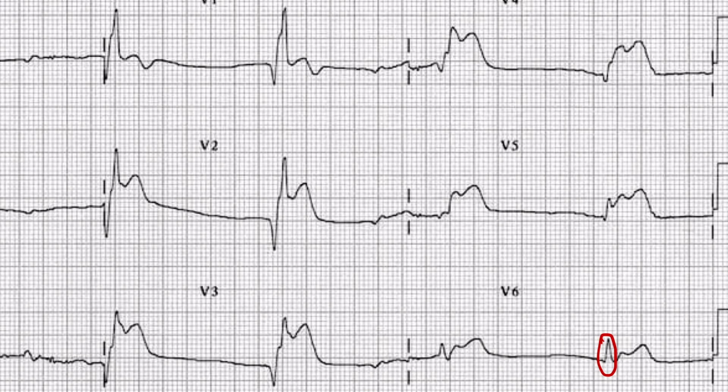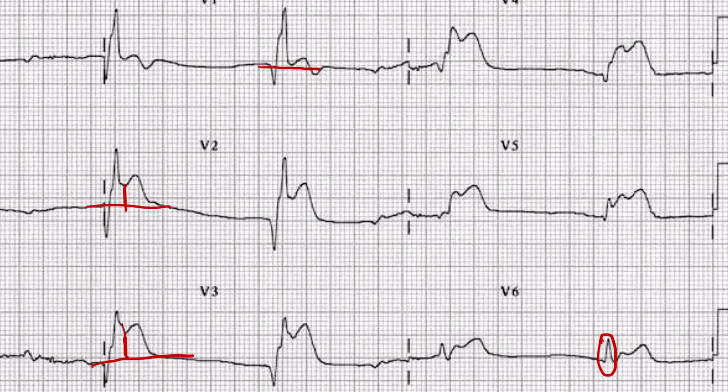So if you look here, off of the end of the QRS complex at the J point, we have this elevation here. We also have elevation here. We have slight elevation here as well. And then across some of these other leads too. We also have T-wave abnormalities.